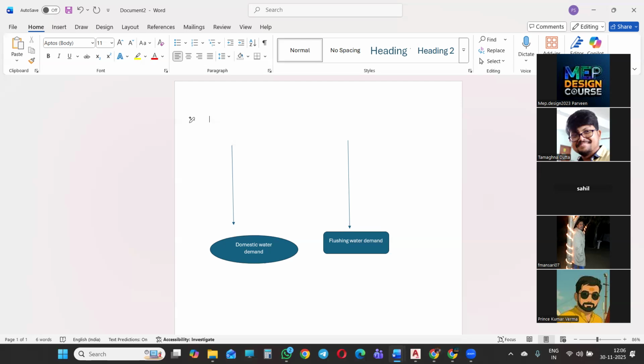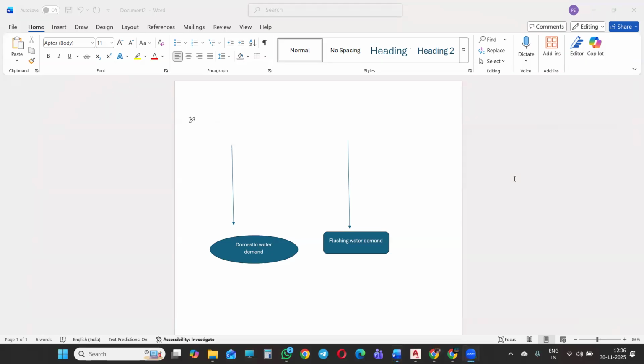Suppose 100 KLD, it treats only 80 or 85 KLD. The 15% waste is of no use. So if it is a 100 KLD STP, the output will be 80 or 85.